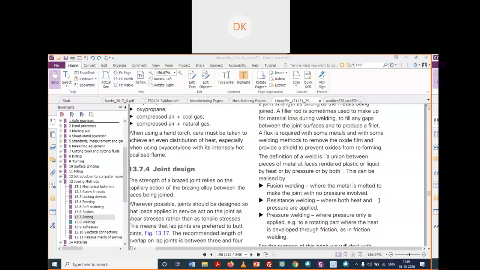To join the material by bringing the base material, base material means the material which I want to join, to the plastic state, whether pressure is required or not. Yes or no?